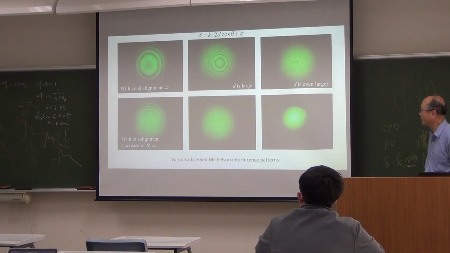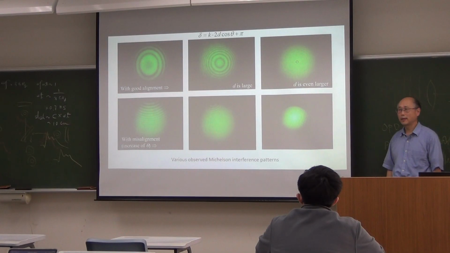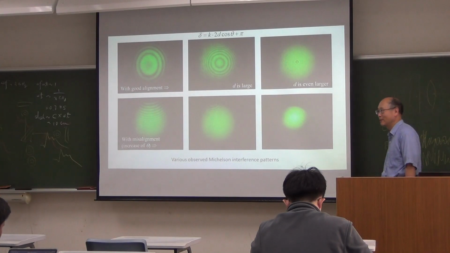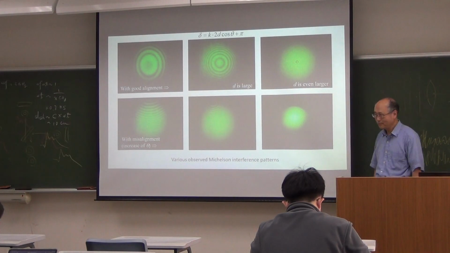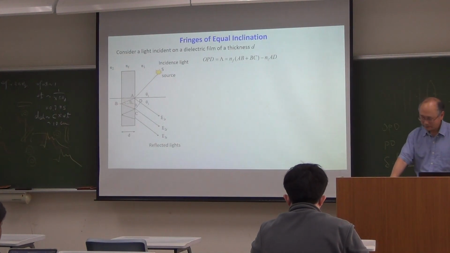So with misalignment of the beams, you primarily see off-axis interference like this. It's a beautiful experiment. Any question? I'm hoping that I don't just give you formulas. You can also see some beautiful photos.